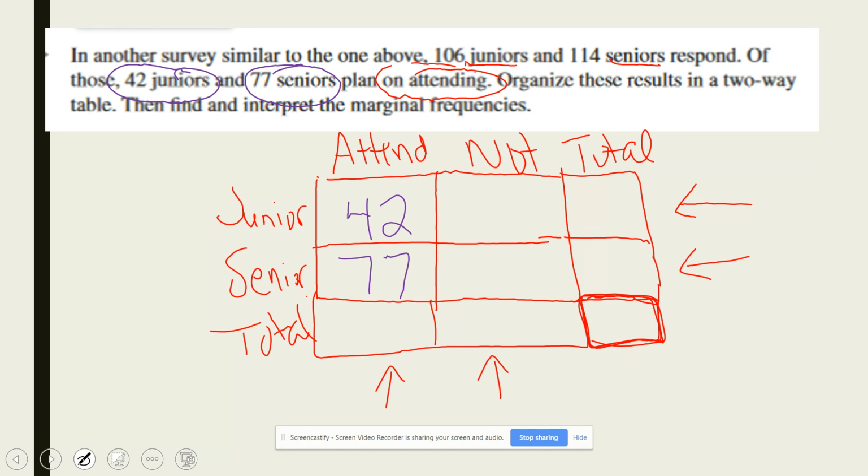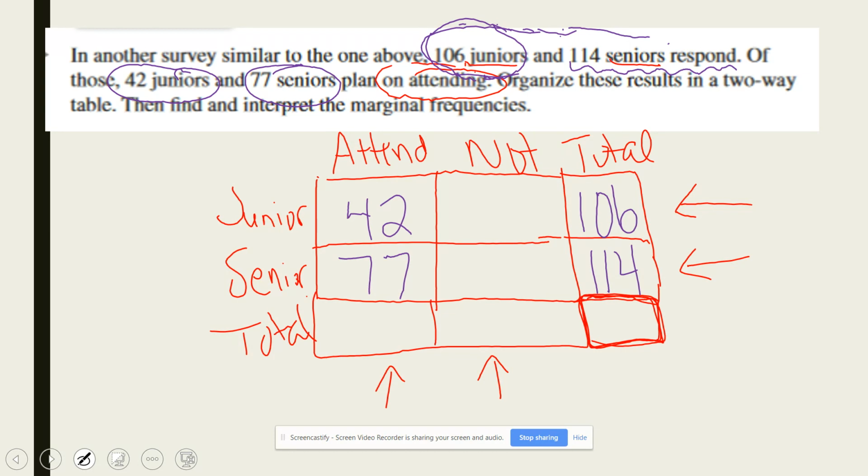There's only two other numbers we have, and that says 106 juniors responded. So the total of juniors is 106. 114 seniors responded, so the total seniors is 114.